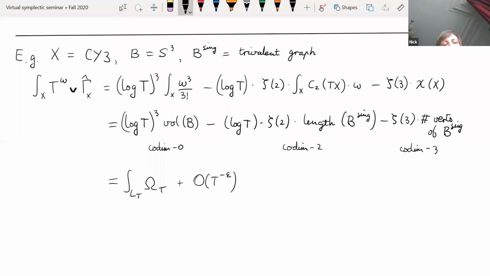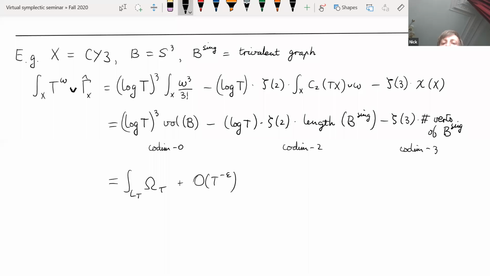Well, again, we expand it out and we get a leading term that's the symplectic volume as before. The next term is in log t, and that's zeta of 2 times the integral of the second Chern class of the tangent bundle coupled with omega.